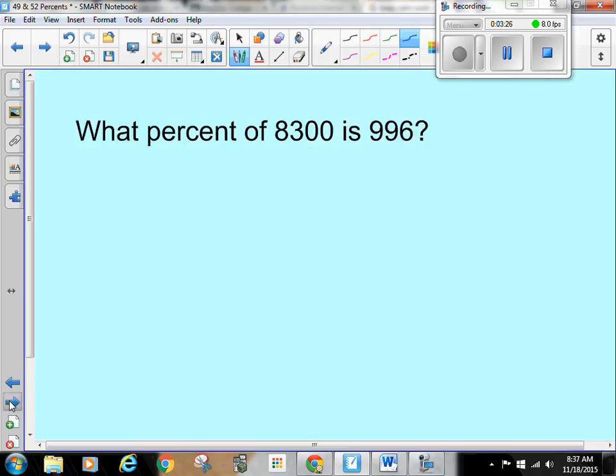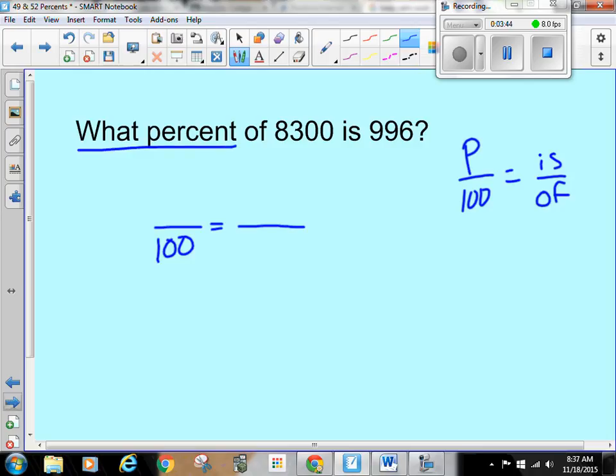Let's go ahead and look at our next one. It says, what percent of 8,300 is 996? Okay, keep in mind, percent over 100 equals is over of. Okay, let's fill in what we know. We always are going to throw our 100 in there. Okay, what percent? So this time we don't know what the percent is, and so that gets our x.